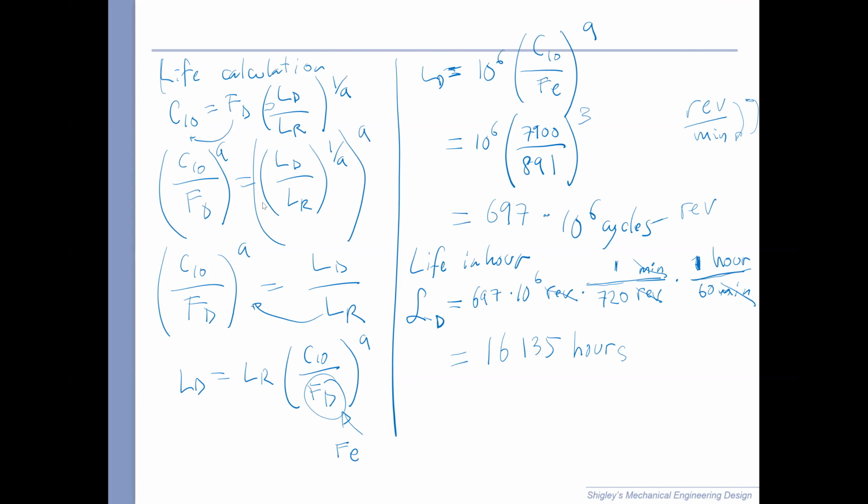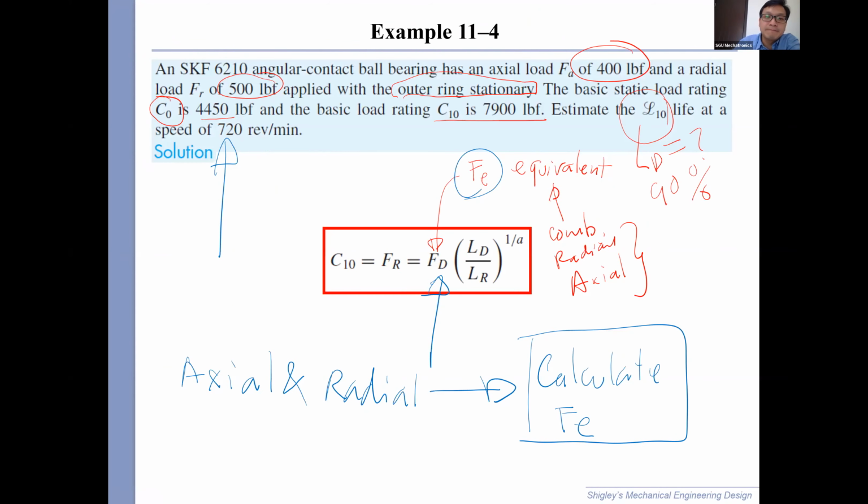Any questions on the conversion? Where does that 720 come from, Pak? It's the RPM. You see the problem statement here.